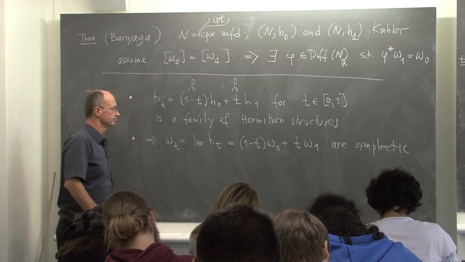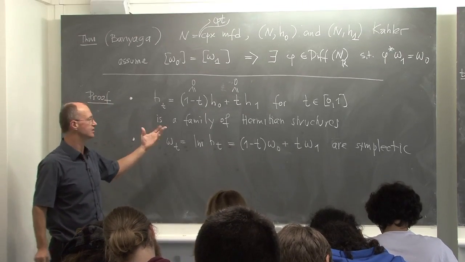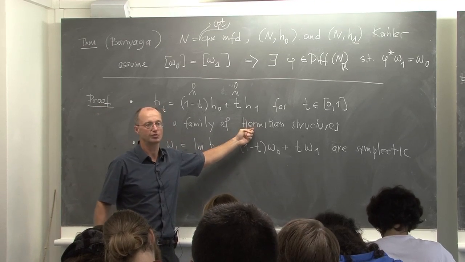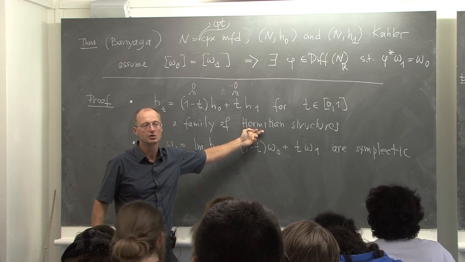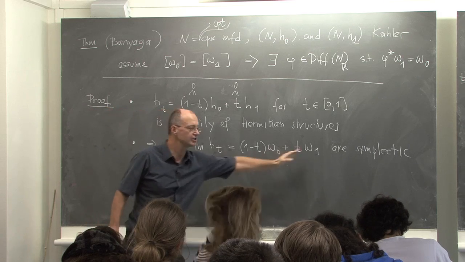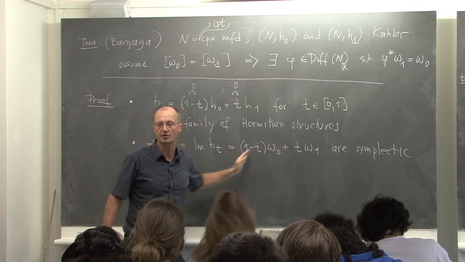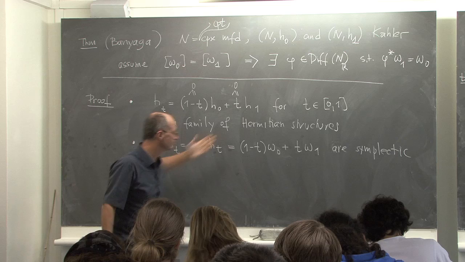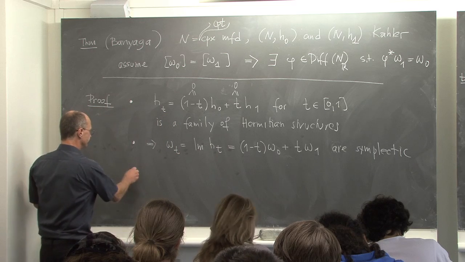Because that's the magic of the Kähler story: once you have a Hermitian structure, it's automatically non-degenerate. Now closedness is clear because it's a linear combination of closed forms.